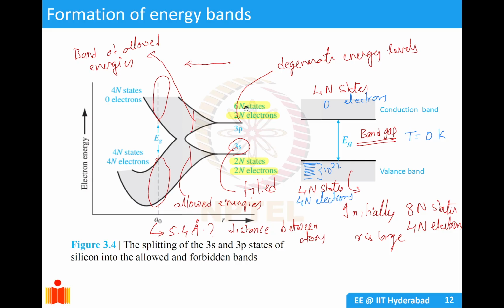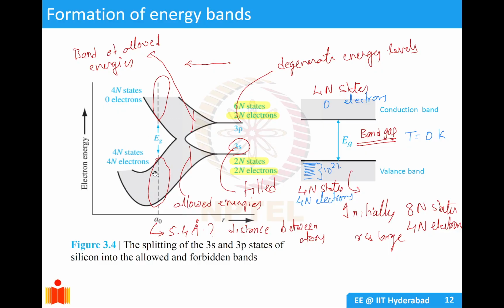So each of the states is separated into these, and the number of states is constant. So earlier you had 8 states per atom, now also you have 8 states per atom, and earlier you had 2 electrons in the 3s state and 2 electrons in the 3p state.